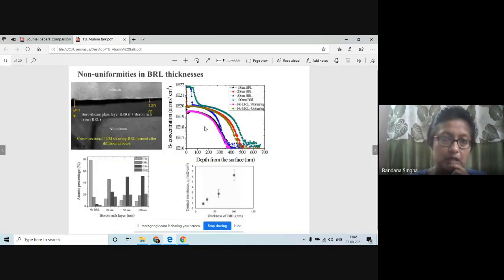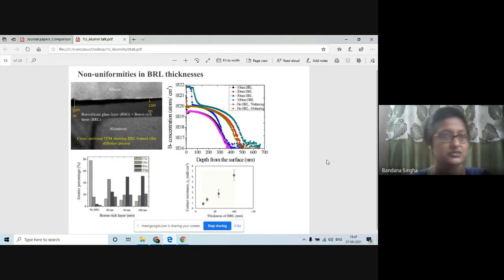Generally, this analysis was carried out with Primtonics dopant sources, because in the Primtonics dopant source we can see the presence of boron rich layer on the emitter surface, and when we apply any treatment to remove it completely from the surface, it was visible and detectable. So all these analyses to determine the properties of the boron rich layer were carried out using Primtonics dopant sources.